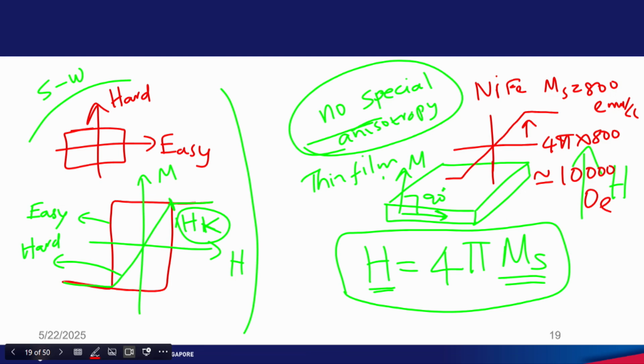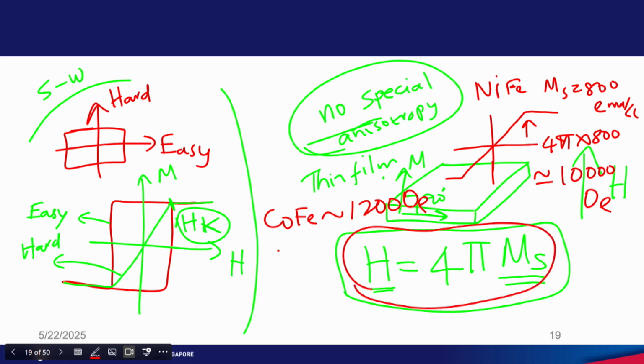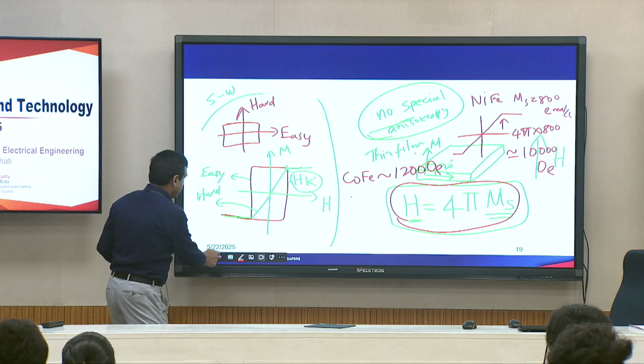So, if you take say cobalt iron with an Ms of 1200, it will saturate at around 15,000 Oersted. So, this saturating field in the absence of any anisotropy depends only on this 4 pi Ms. Okay, so, with this let us go to the next slide.